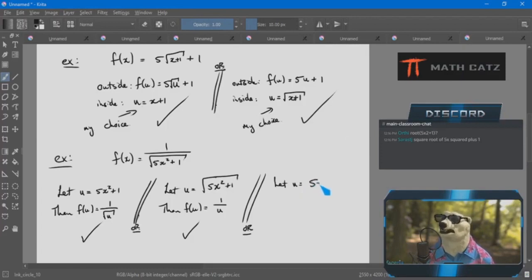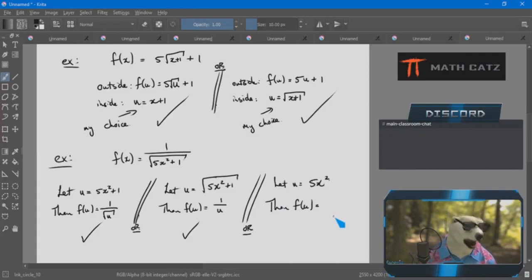What about just the 5x squared? Would that work? And if you say it works, what is the outside function? I know it's clumsy to write in the chat. You don't have to say it in the chat if it's a little bit messy like this one would be.